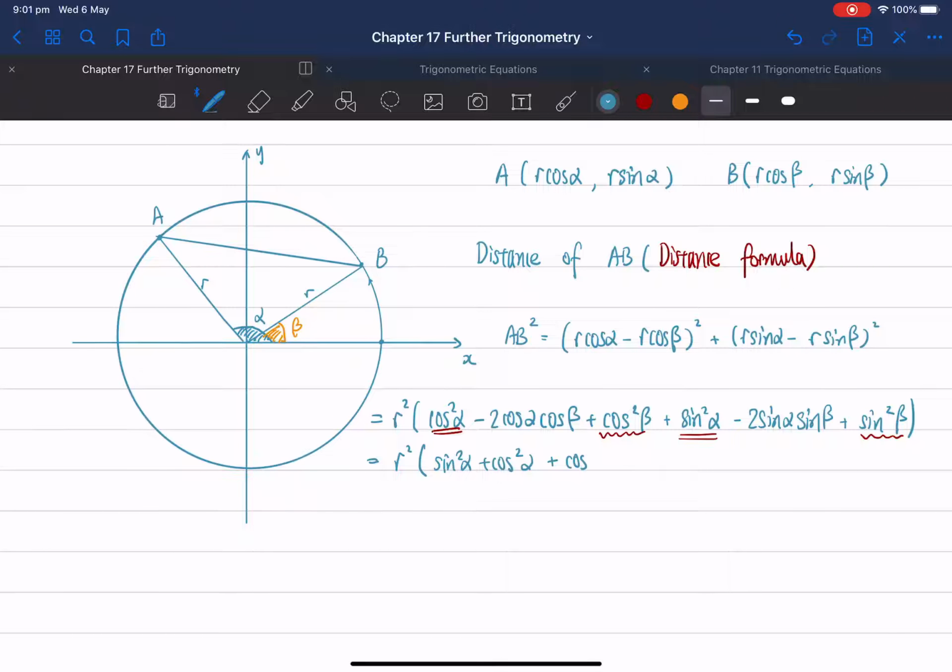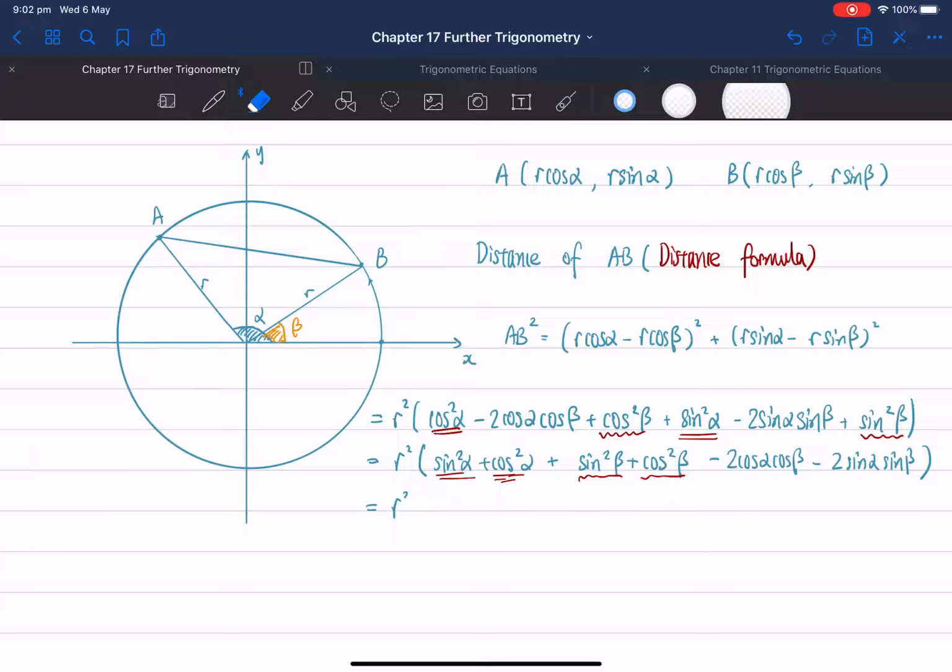And what is sine squared beta plus cosine squared beta? I hope you remember what these two are equal to. And then we have minus 2 cos alpha cos beta minus 2 sine alpha sine beta.